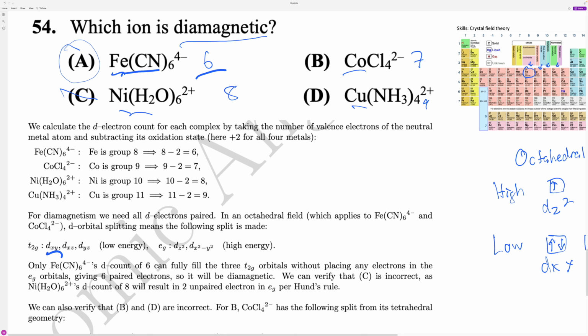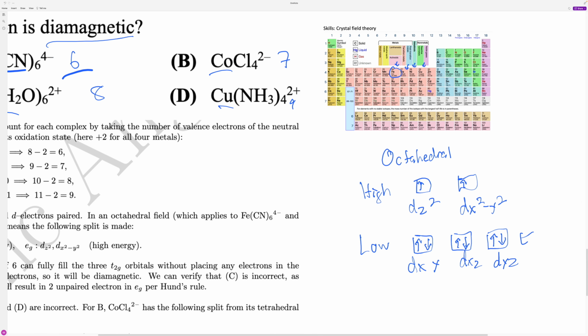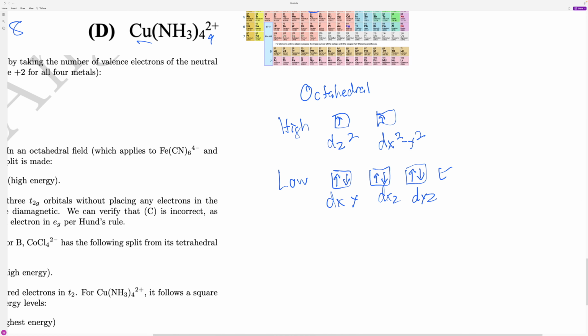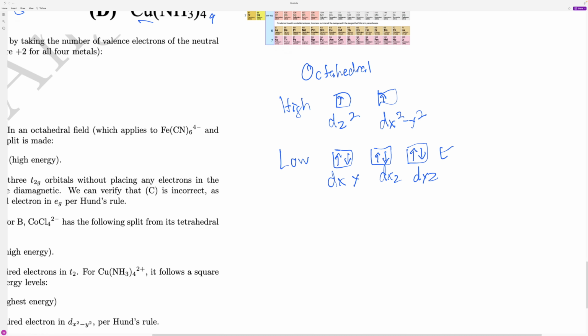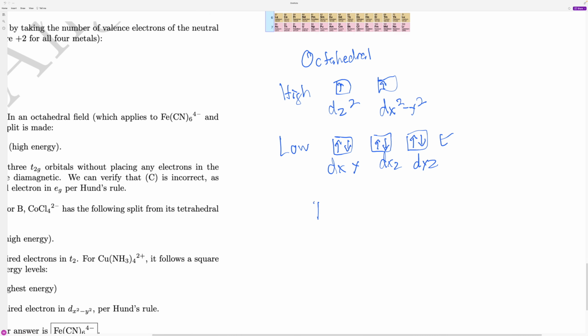And as for choice B and D, we're going to see different splits, and I'm just going to go through those. So B is going to have a tetrahedral field. So we're going to see the following split. In this case, it's actually going to have 3 high energy orbitals. And I'm just going to write the notation for that. It's essentially the opposite of octahedral.